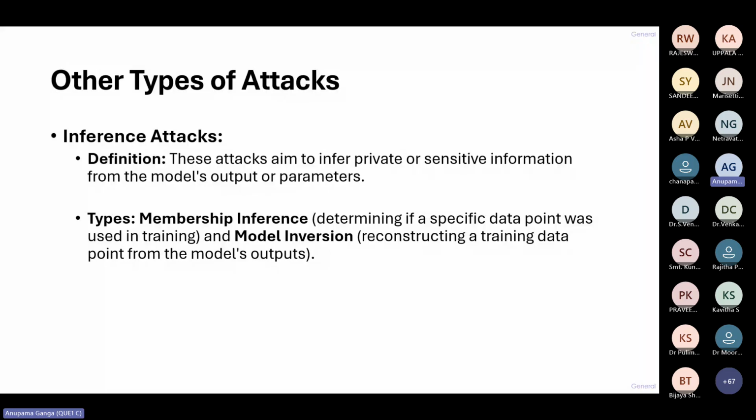Also they can try to gather information on what their political affiliations are, by viewing their posts on social media. So these are the various kinds of techniques that are used to infer information.